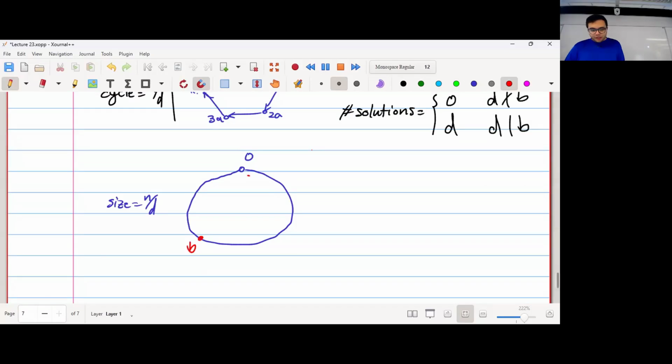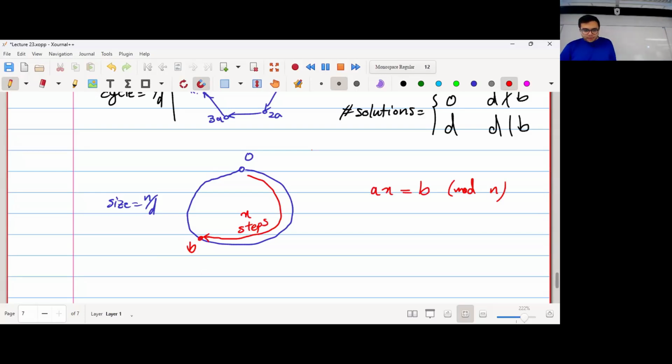So let's say after I've taken X steps in this cycle, I've got to B, which is the same as just saying that AX is equal to B modulo N. But now I can take my X steps and then I can go another full circle around the cycle, right?